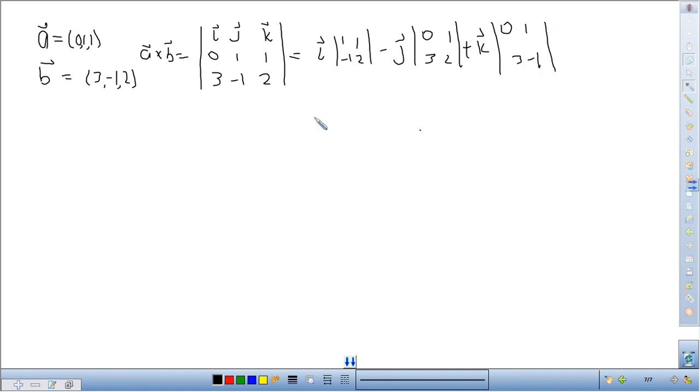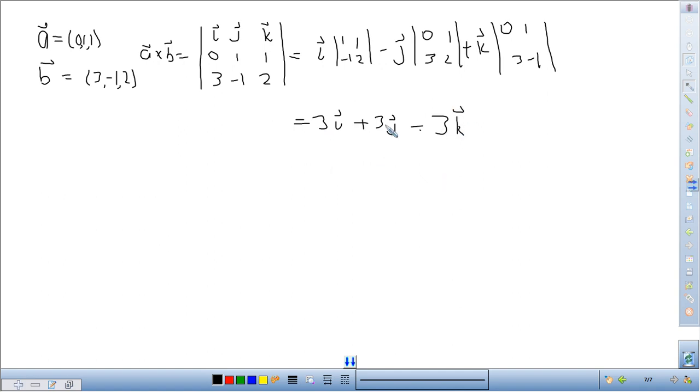And if we calculate this out, we get 2 minus negative 1, so that's 3i. We have 0 minus 3, but the minus 1 up there, so it'll be plus 3j. And here we have 0 minus 3, so it'll be a minus 3k.